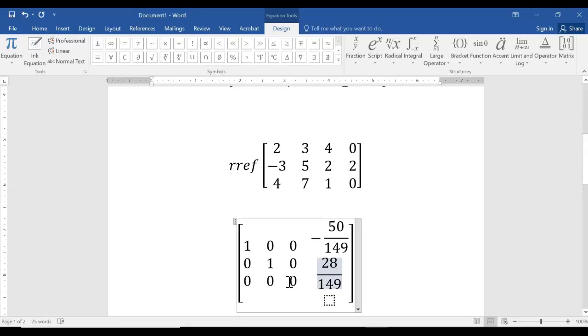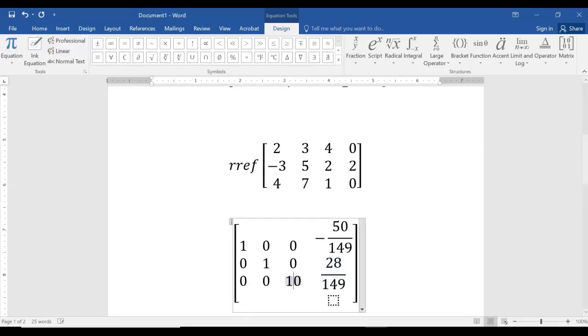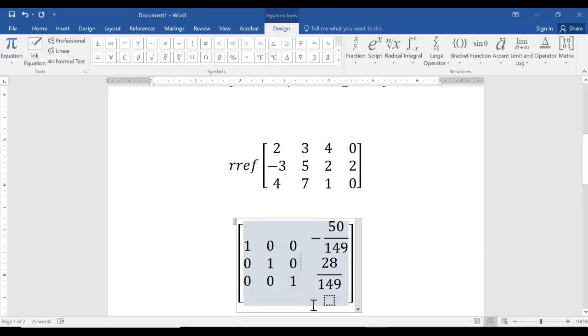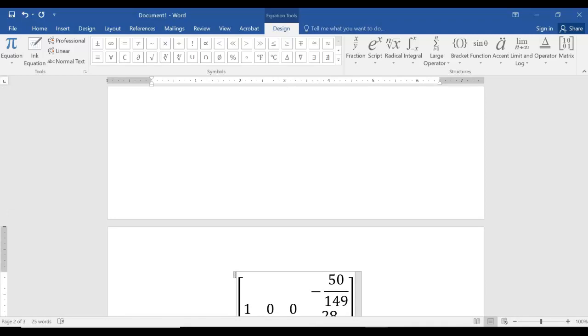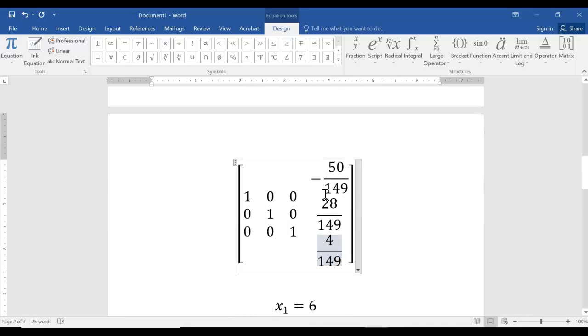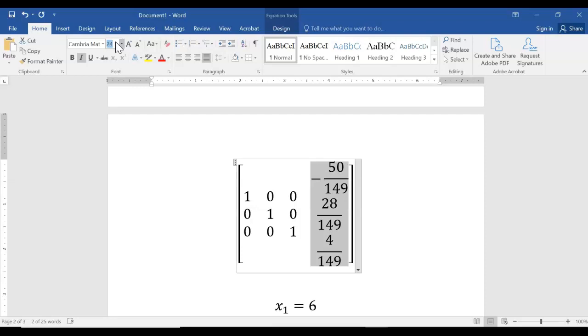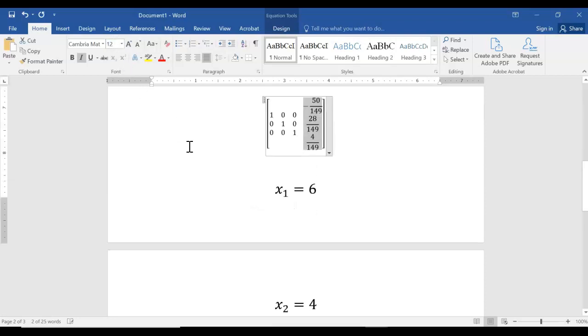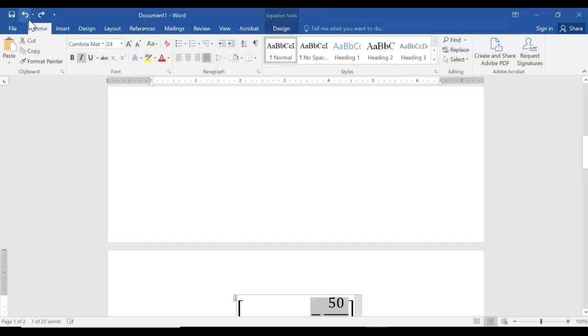And then my third row came out to be 0, 0, 1, and then 4 over 149. I apologize. So I got this matrix. Now it's not scaling very nicely. Maybe if I make these fractions a little bit smaller, let's make those 12 point fonts. That didn't help either. So we'll undo that.